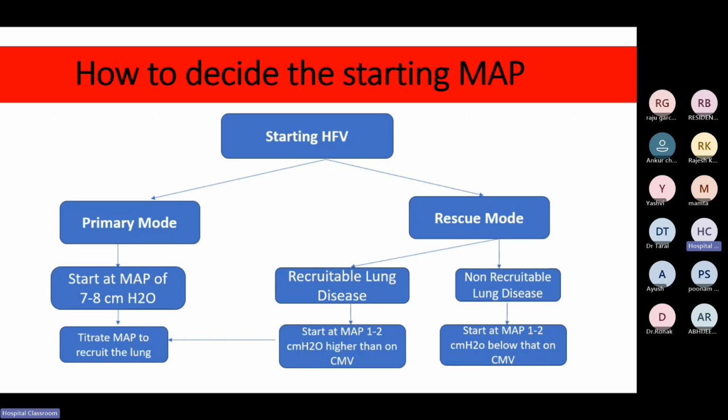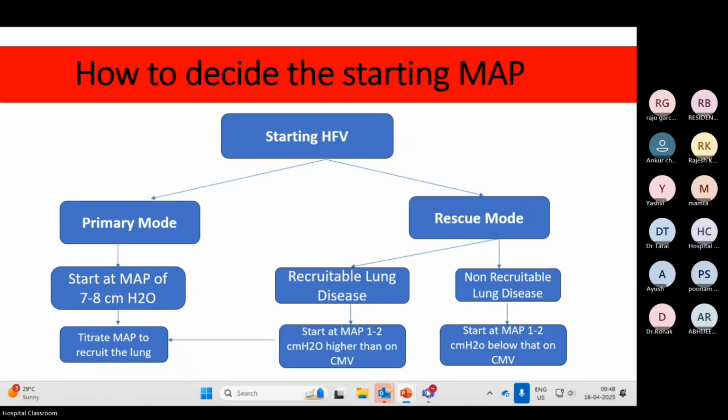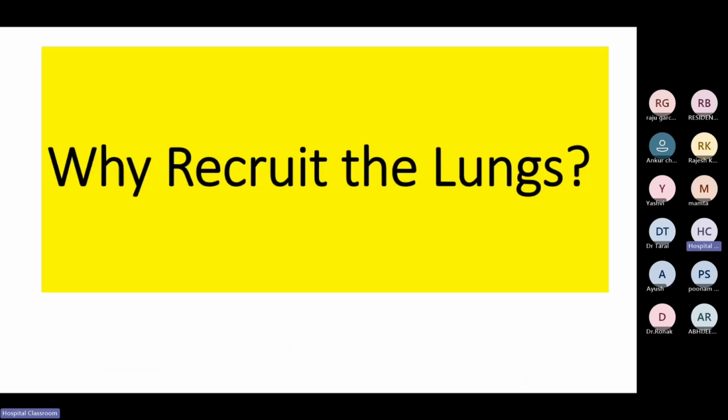If a child with meconium aspiration requires a PIP of 25 and a PEEP of 7 or 8 on conventional ventilation, with a mean airway pressure of around 14, I will start high frequency ventilation with a mean airway pressure of 14, or maybe 1 or 2 less, so somewhere around 12. So this is how you decide the starting mean airway pressure.